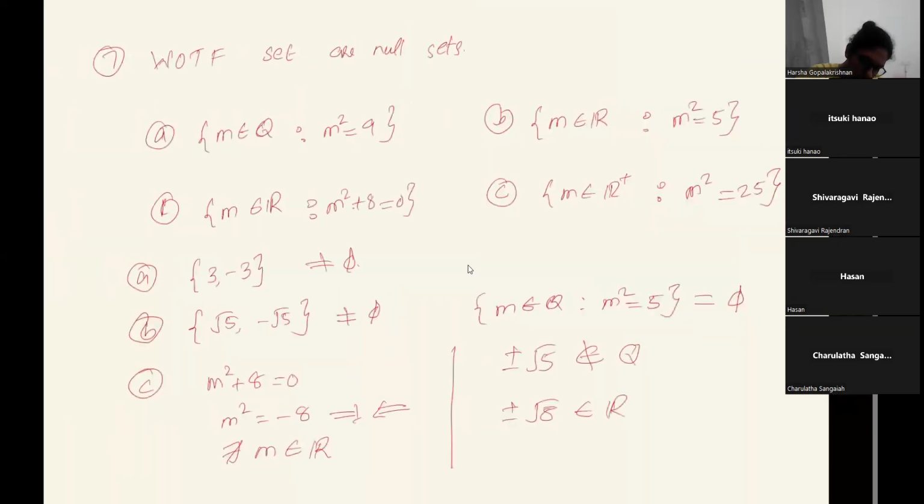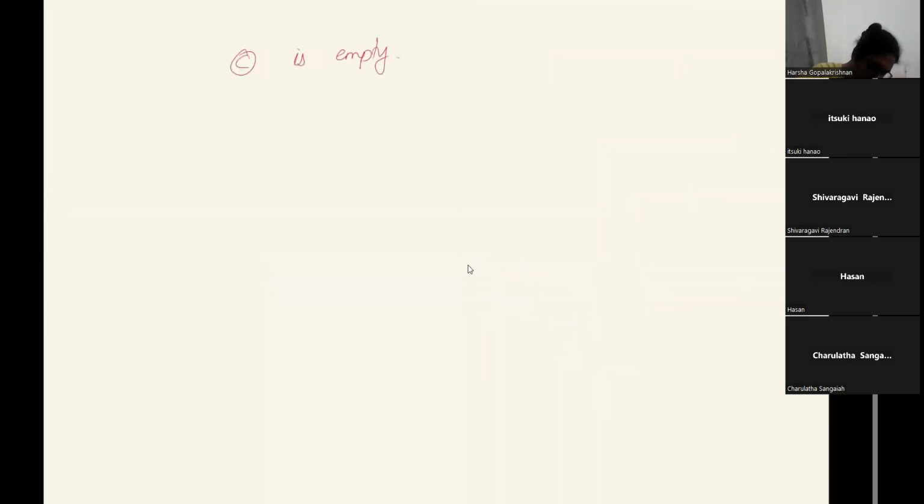Now let's go to the fourth option. Set of all M in R plus such that M square equal to 25. So, is there any element in this set?